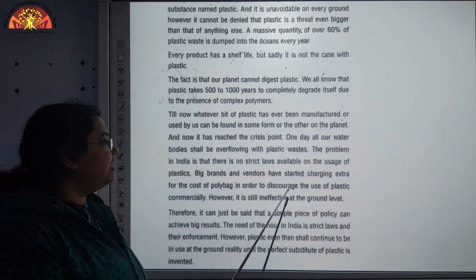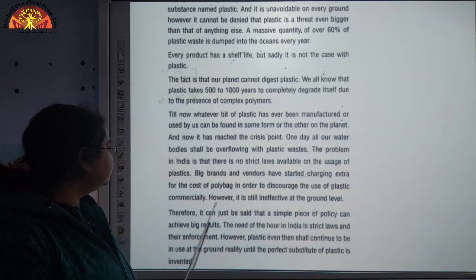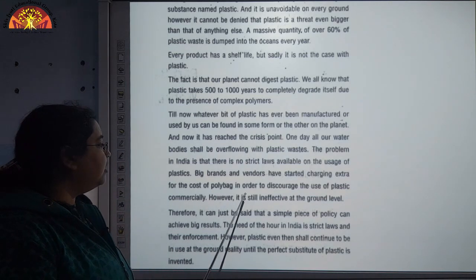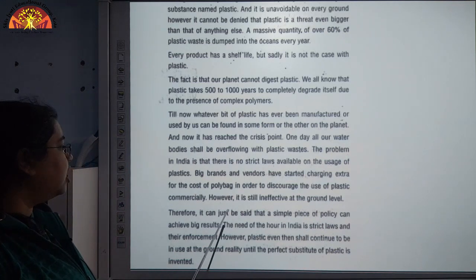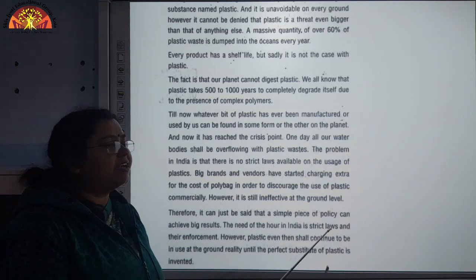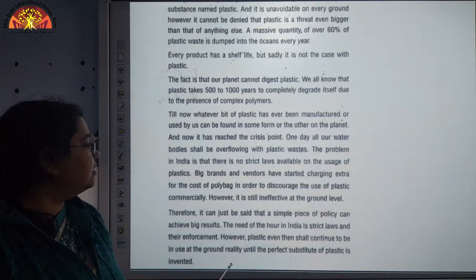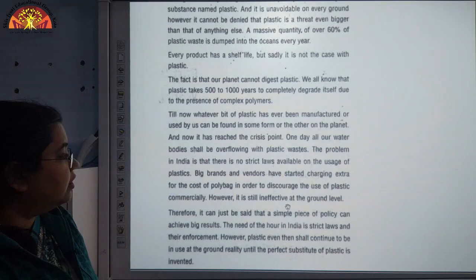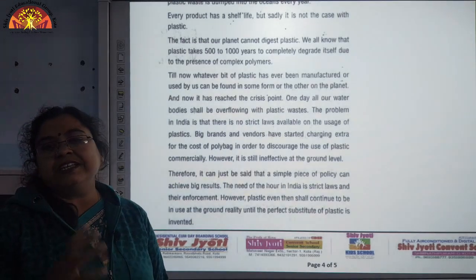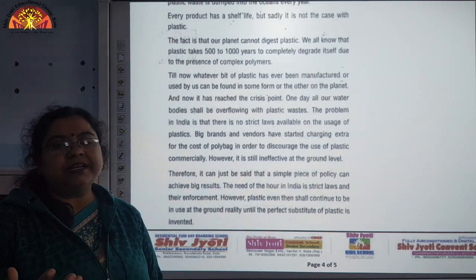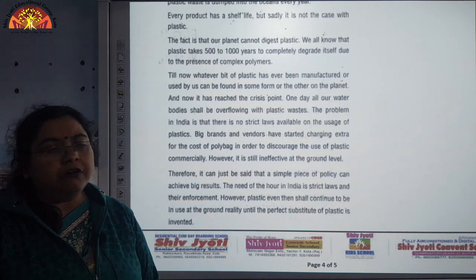Big brands and vendors have started charging extra for the cost of polybags in order to discourage the use of plastic commercially. However, it is still ineffective at the ground level. Okay. So, here you have discussed the various negative aspects of the use of plastics.